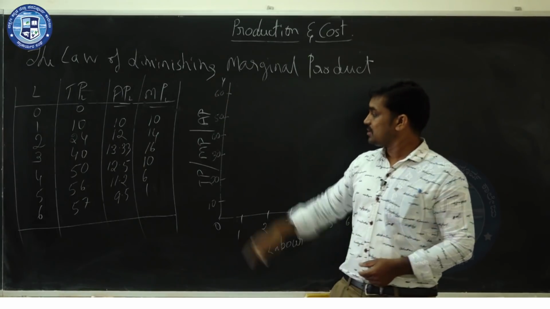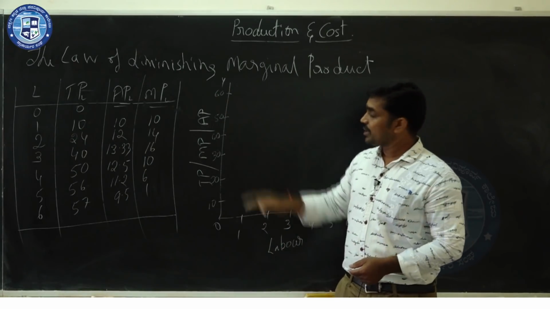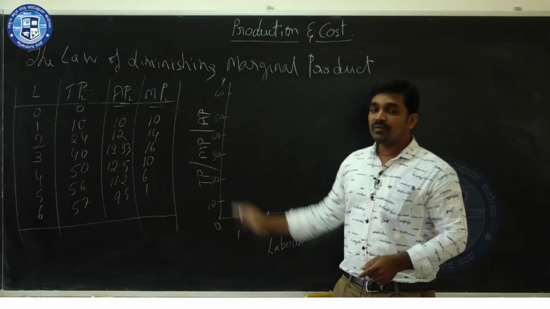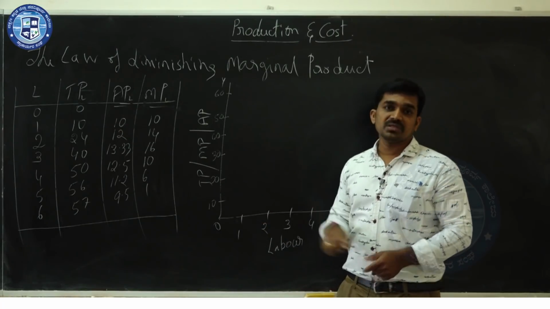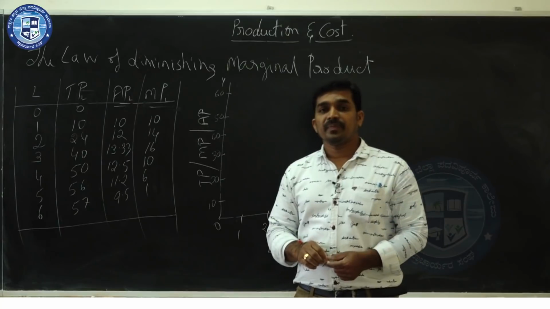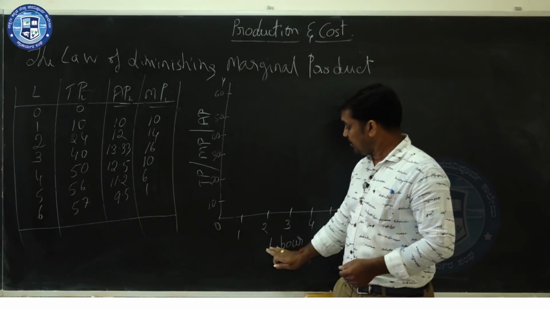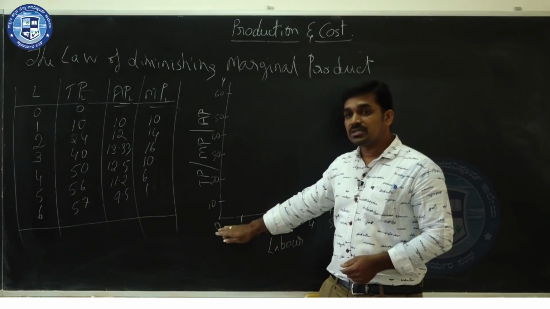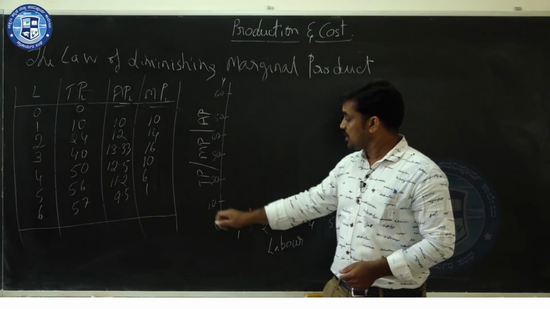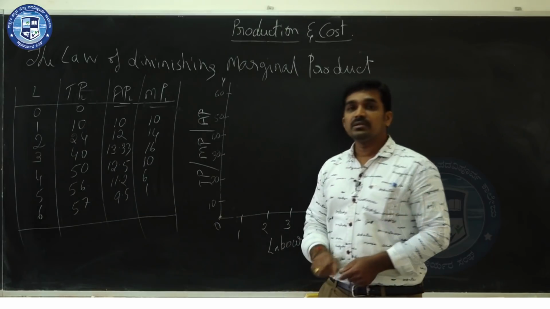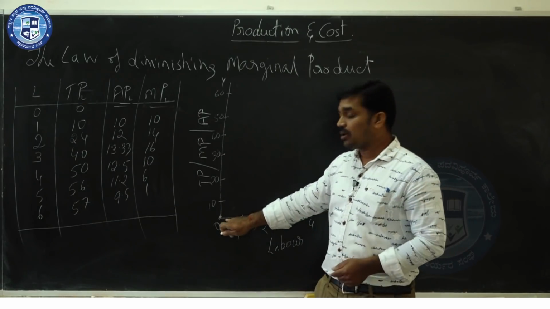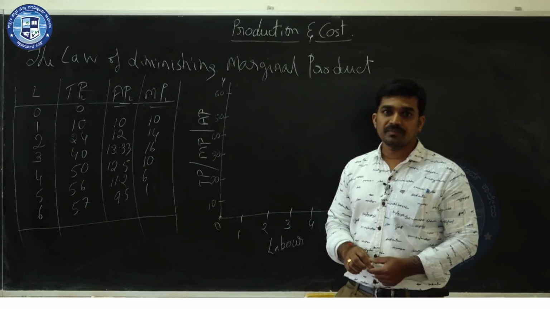So the y-axis scale indicates 10 to 60 units. When the labor used is 0, total product is also 0. So this is the initial point of total product.